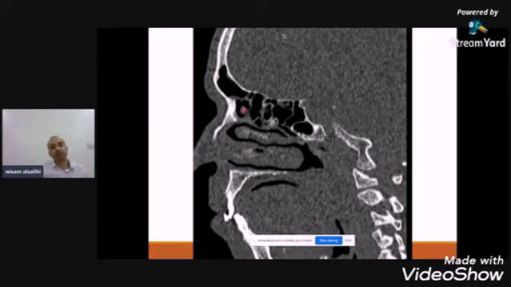This sagittal section shows the frontal beak, the nasofrontal beak, this is the frontal recess, and here is the frontal bulla cell.